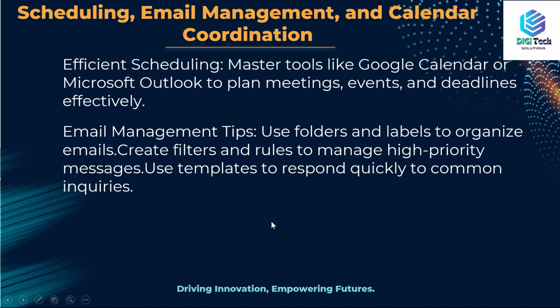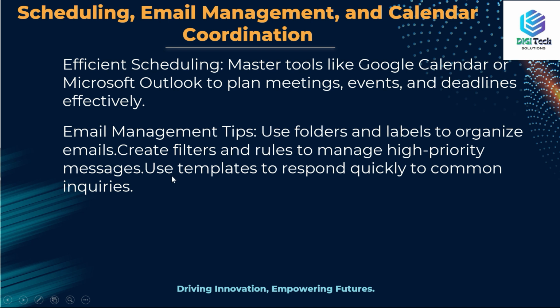So when you actualize some tips like using folders and labels to organize emails, it will be very easy for you to access emails. Not whenever you are called upon or there is a quick inquiry, you start looking out for where to get those emails, searching your email boxes.